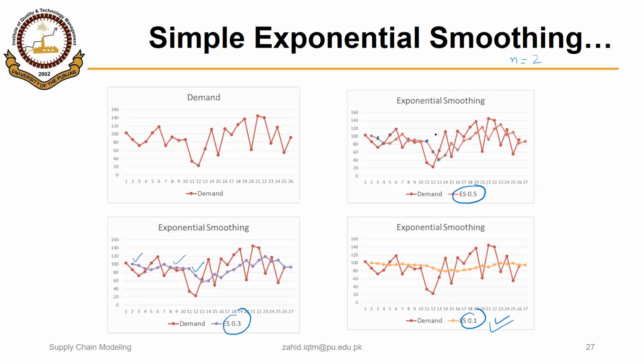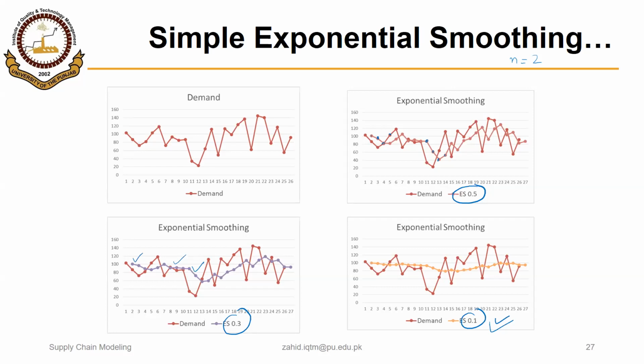So if there are random variations in the demand, which is generally the case, then we use a larger alpha. And if the data as a whole is stable, with very little or minor variations from period to period, then we can use a relatively small alpha.